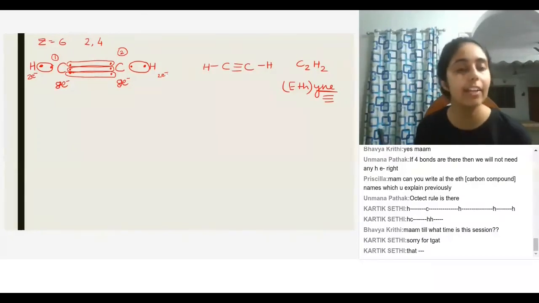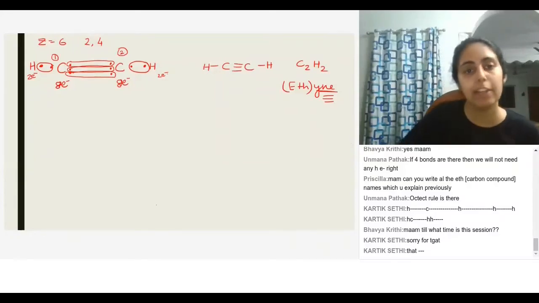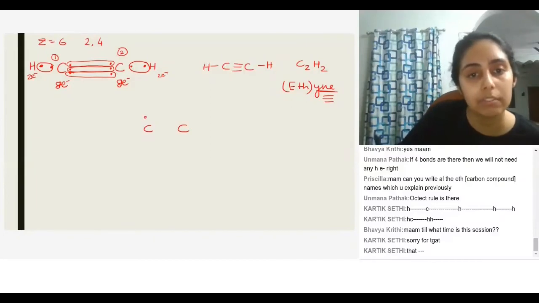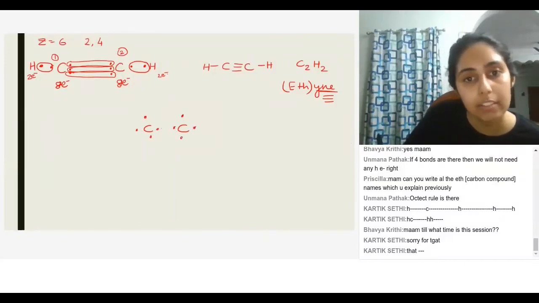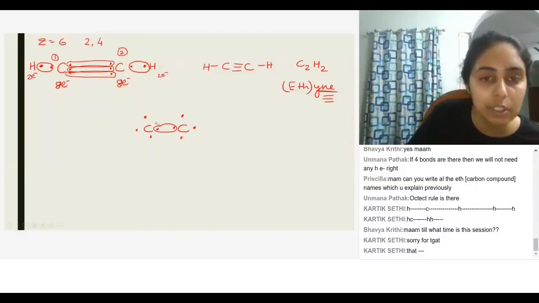But whenever I draw a double covalent bond, it is easier, right? So let me just show you. If I put one electron like this, and I want to draw a double covalent bond, then what do I need to do? These 2 electrons will be shared, and these 2 electrons will be shared.